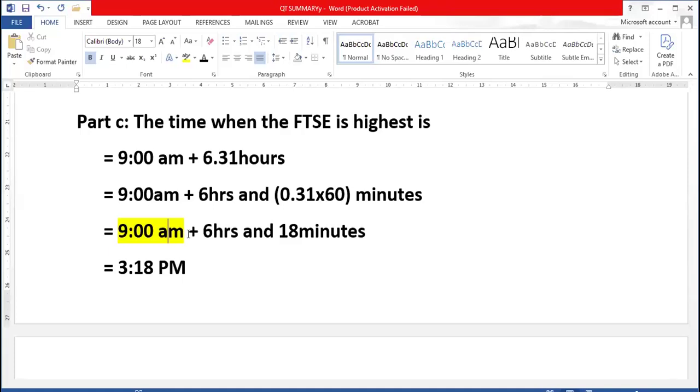Noon, that is 3. Then 1 p.m., 4 hours. 2 p.m., 5. 3 p.m., 6 hours. So that will be 3 p.m. and 18 minutes, which is written like this. That was supposed to be your answer.